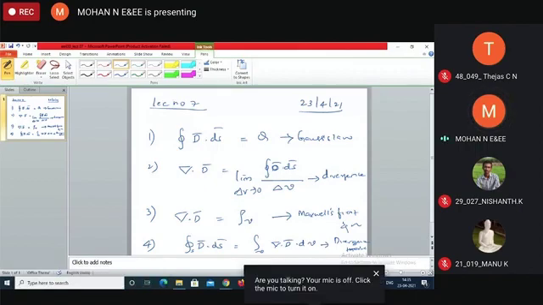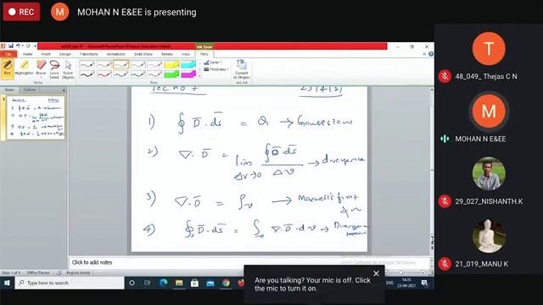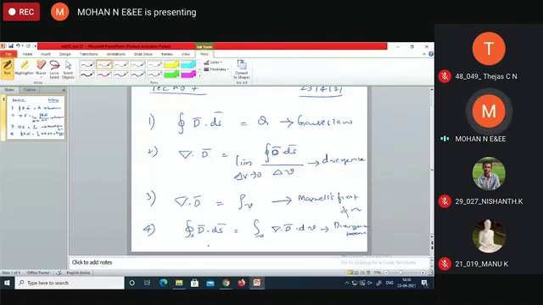We have solved a few problems in Cartesian coordinates. This is the left part of the divergence theorem, and this is the right part of the divergence theorem.